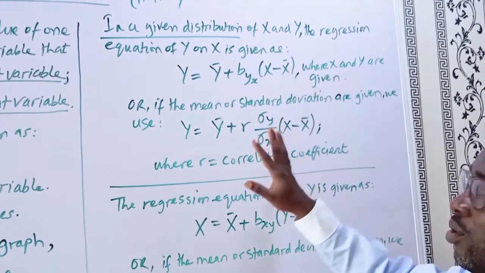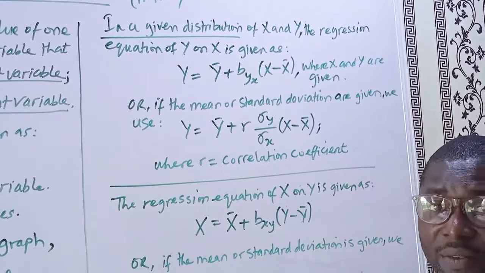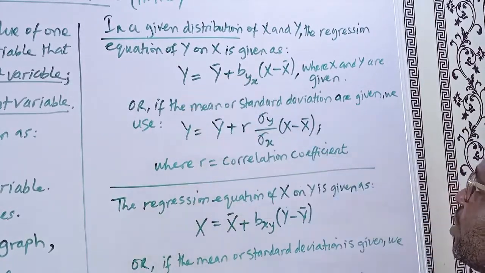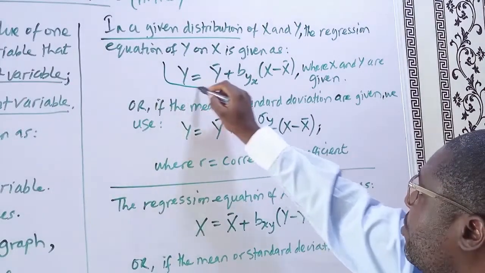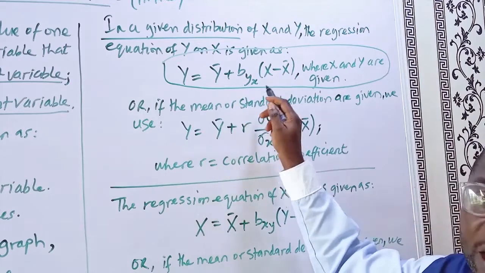These things we are going to look at in the next video. We're going to look at an example of how we can apply this first part of our regression equation.